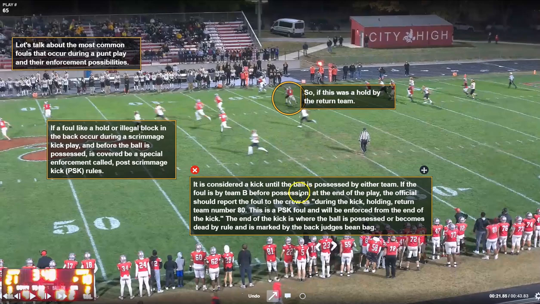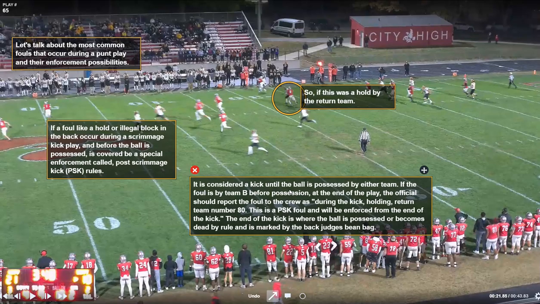So if the foul is before possession by team B, at the end of the play, the official who threw his flag should report the foul to the crew by saying, during the kick. And that's important. During the kick should get everyone's mind thinking PSK foul. So during the kick, holding, return team number 80. This is a PSK foul, and we'll enforce it from the end of the kick.